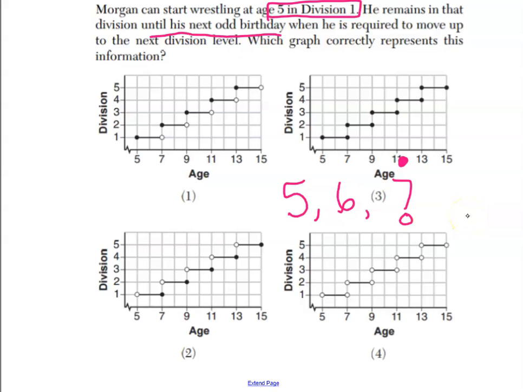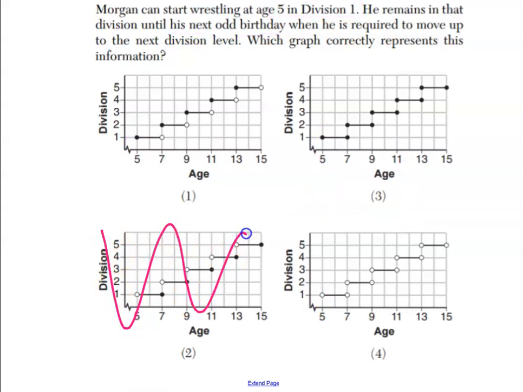So let's take a look. This one has a closed circle at 5, and these two have open circles at 5. He can be in that division at 5, so that means he needs a closed circle. So these two are out. Now, as soon as he turns 7 years old, he can no longer be in Division 1. He must move up into Division 2.